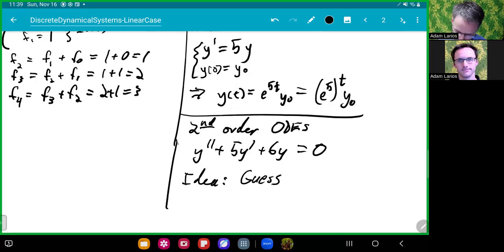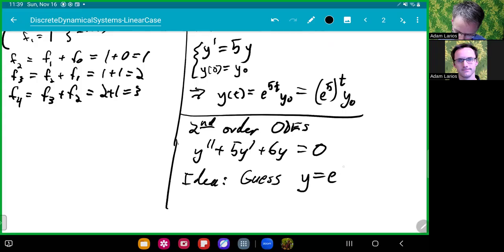It is basically to try the same idea again. So here, if we hadn't known in advance, maybe we knew it was something like e to some number times t, or maybe say e to the rt is a common guess, we could plug e to the rt into this thing.